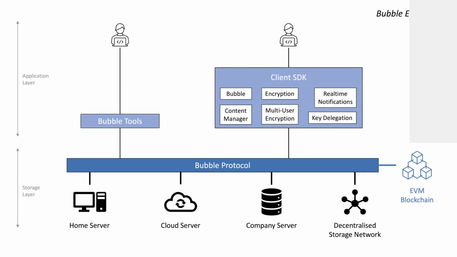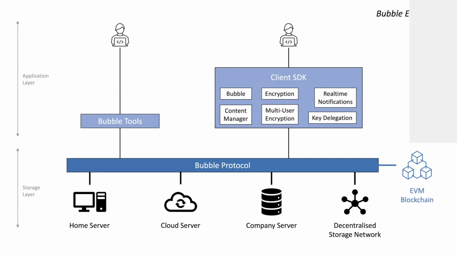So what Bubble Protocol does as an access control layer, and by design, it doesn't specify the underlying storage platform. So you can apply this protocol to just a plain old home server, private server. You can apply it to a cloud service. You can apply it to your company infrastructure, your databases. And you can apply it to a decentralized storage network.